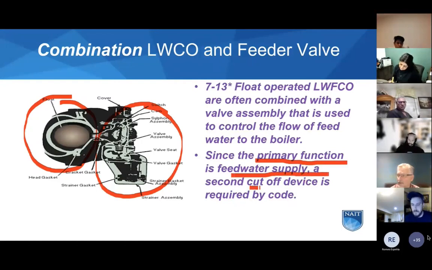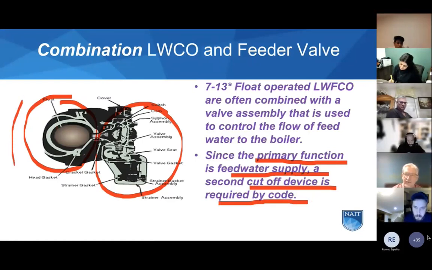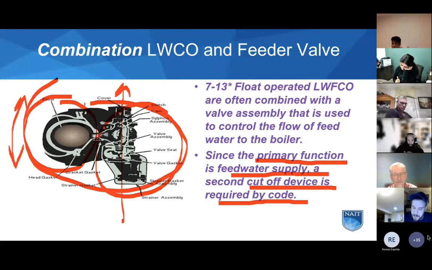There would be a second fuel cutoff device to shut down the boiler. So that as this float moves up and down, it's going to increase and decrease the amount of feed water flowing through to the boiler. So there would need to be another float type device that will shut the burner down if this thing doesn't keep the level up where it should be.